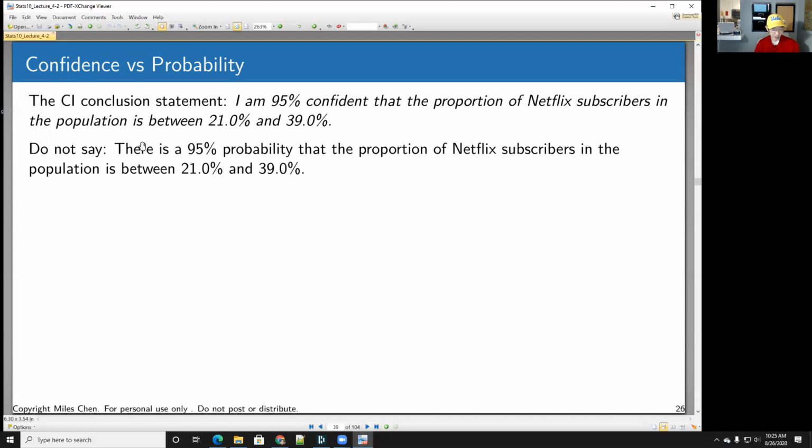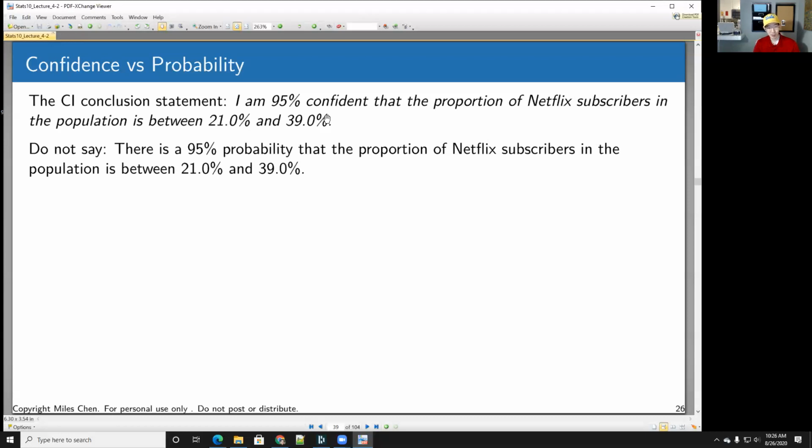Okay. What you don't want to say, and this would be an incorrect interpretation or an incorrect phrase to use, would be that there is a 95% probability that the proportion of Netflix subscribers is between 21% and 39%, okay?